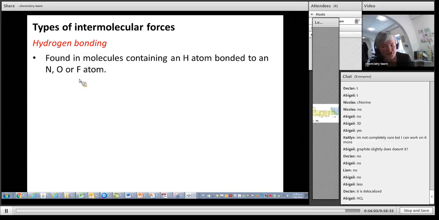Remember that electronegativity I showed you right at the beginning, where it increased from left to right? So nitrogen, oxygen, and fluorine are considered very electronegative, with fluorine being the most. So if I have a hydrogen attached to that, like NH3 or H2O or HF, then I can form a hydrogen bond between those molecules.